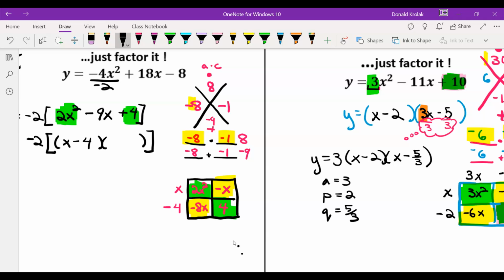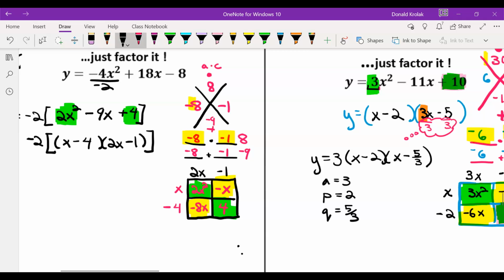These share a 2 and an x. And these just share a 1. And since the first term is a negative, I'm going to factor out a minus. The way the box works, you know you did it right, it's like a multiplication table. If you multiply these two terms, you get 2x squared. If you multiply these two terms, you get negative x. If you multiply these two, you get negative 8x, etc.